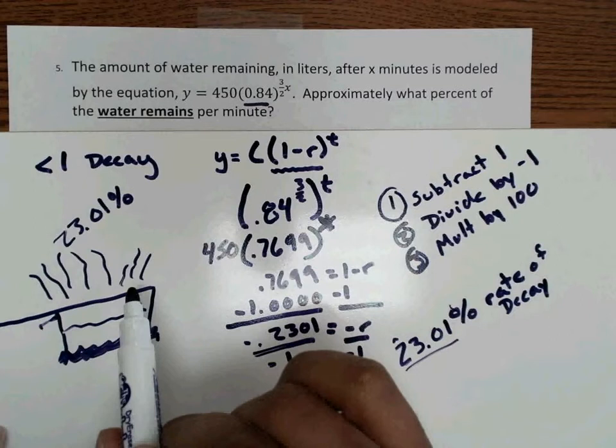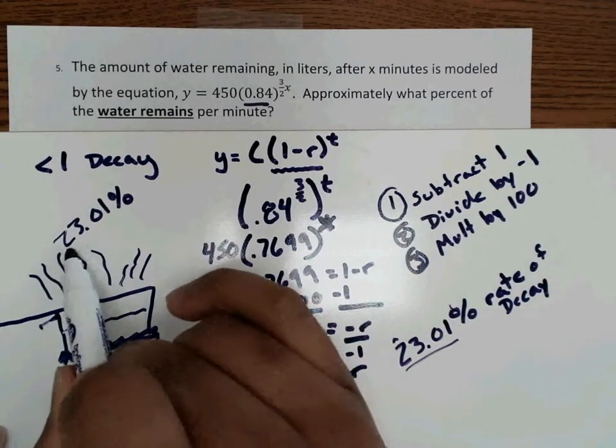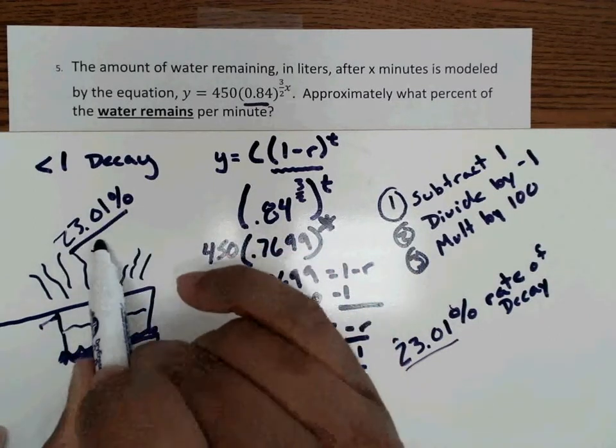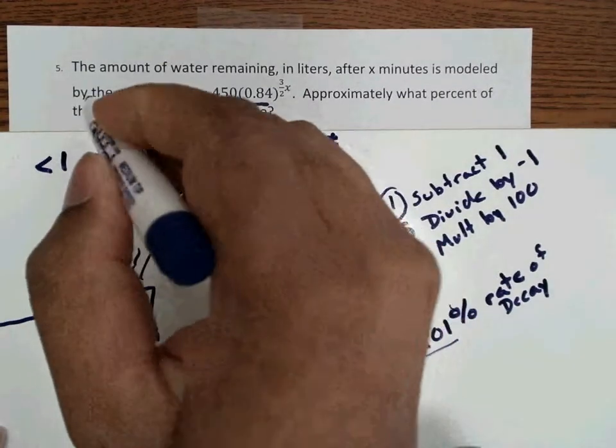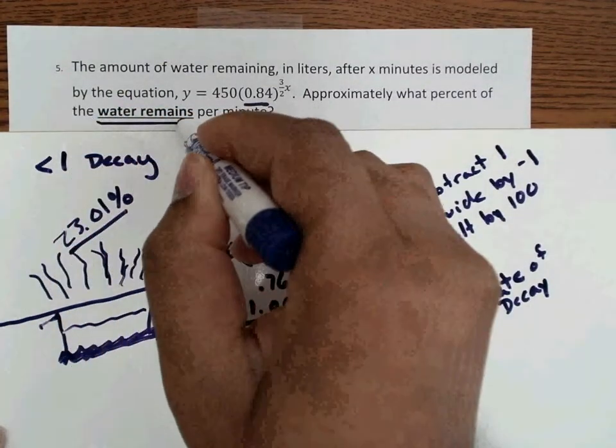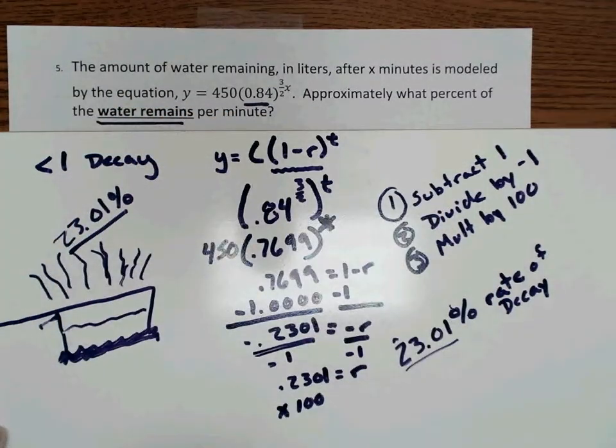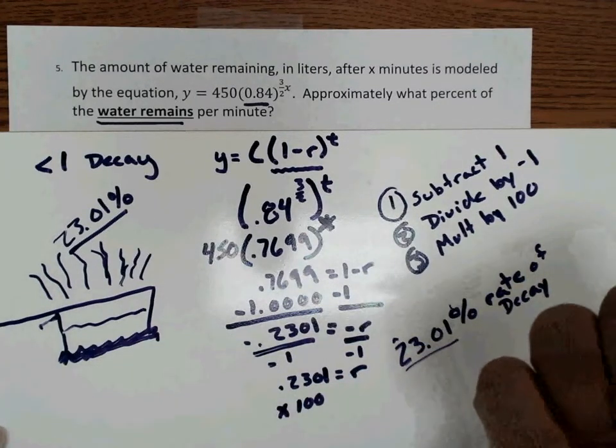So how do we figure out if 23.01% is going away, how do we figure out what amount is remaining? That is correct. We just subtract from 100.